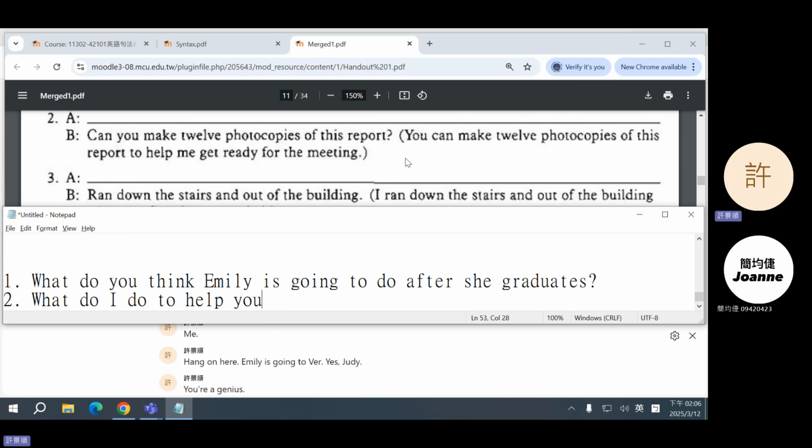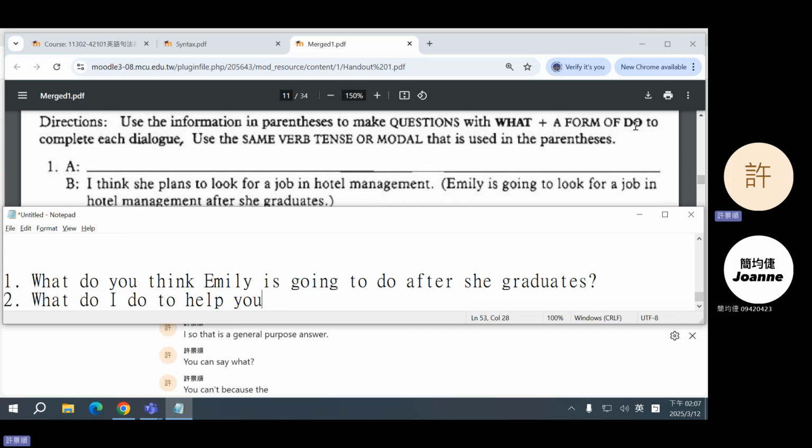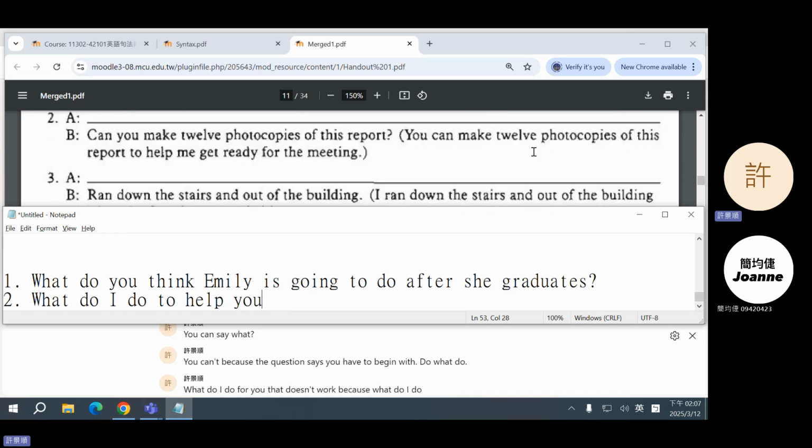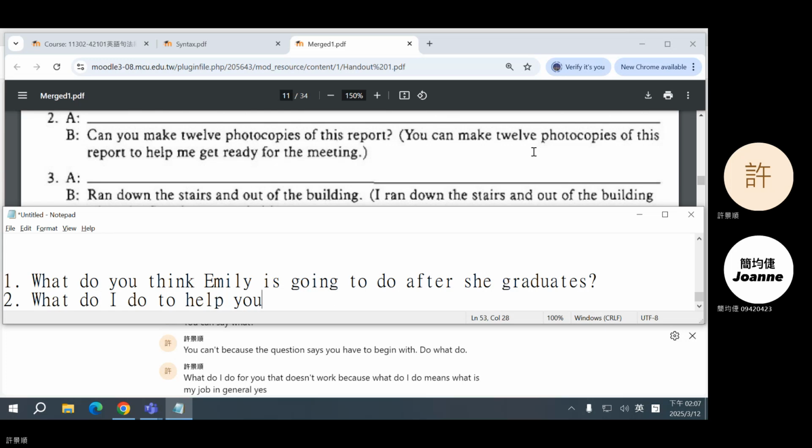So that is a general purpose answer. You can say what, you can't because the question says you have to begin with do. What do? What do I do for you? That doesn't work because what do I do means what is my job in general. Yes. What do I need to do to help you get ready for the meeting? That could work.